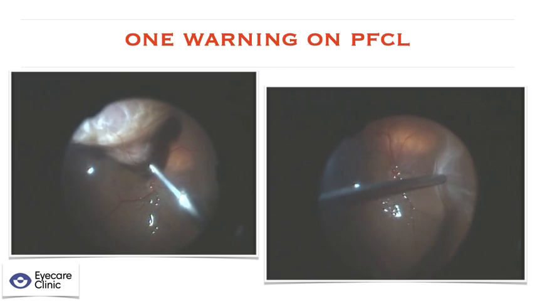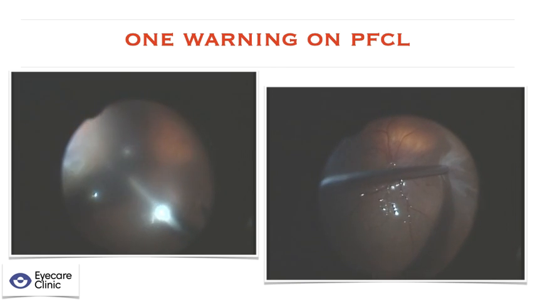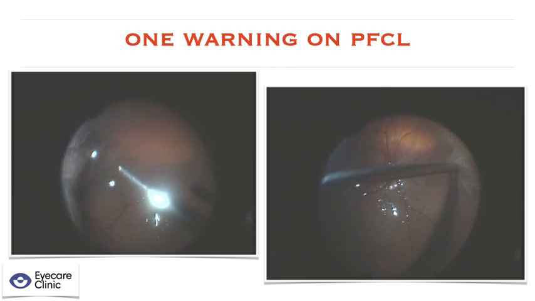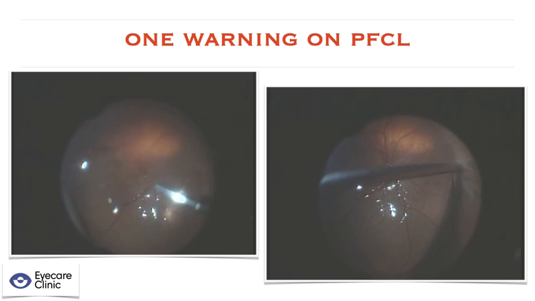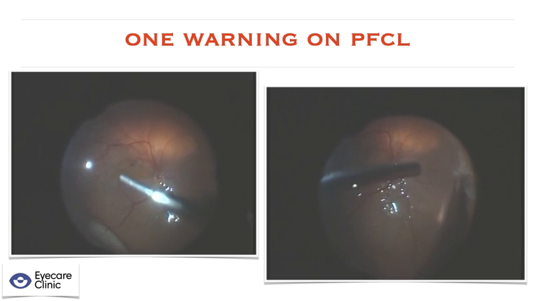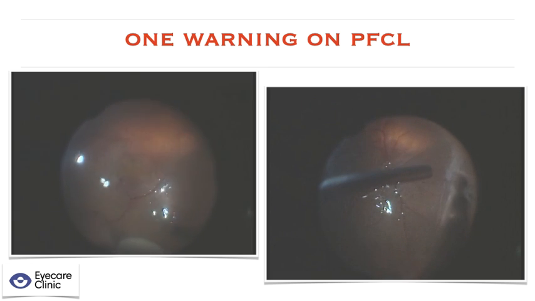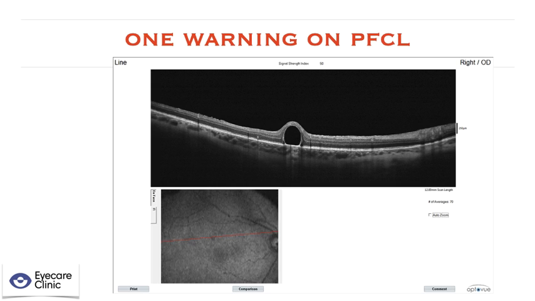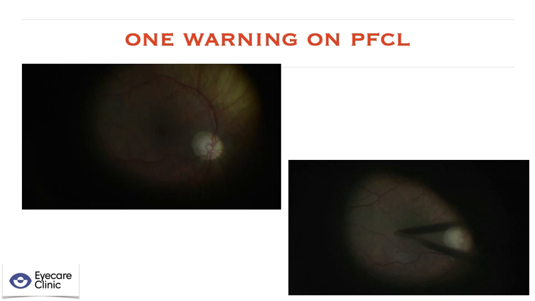Like here, I am redirecting the PFCL bubble with the scleral depressor, and I am aspirating the PFCL bubble through the original break. But it is not always possible, and we might end up with a bubble of PFCL like this in the posterior pole and in the fovea.